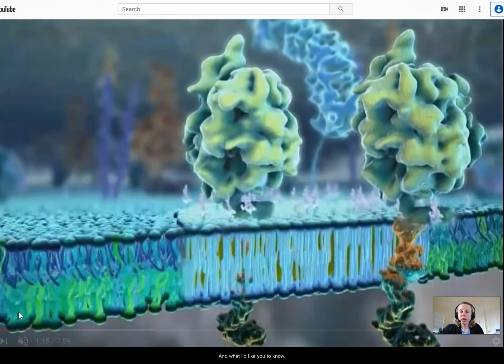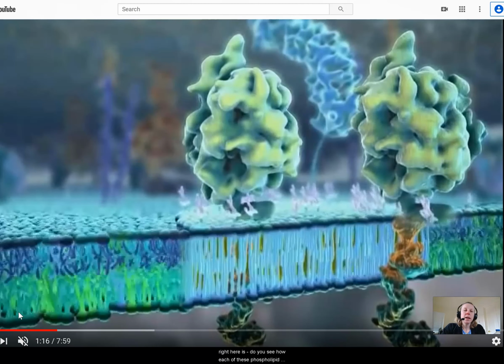What I'd like you to note is that each of these phospholipid tails look really stiff and straight. These are going to be saturated fatty acids. They're also just a little bit longer than the unsaturated fatty acids that make up the rest of the membrane. So in the rest of the membrane, these are unsaturated fatty acids, and here in the middle are the saturated ones.